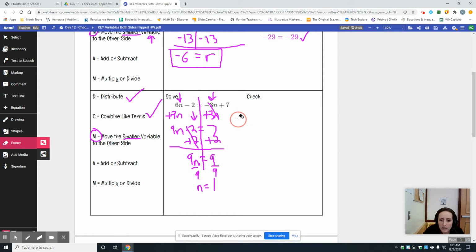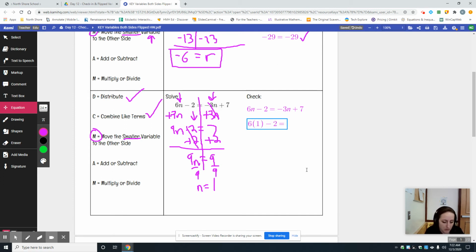Now let's go ahead and do the check together because it's still a little weird, I'm sure. So first step, rewrite. 6n minus 2 equals negative 3n plus 7. Replace. 6 times 1 minus 2 equals negative 3 times 1 plus 7.